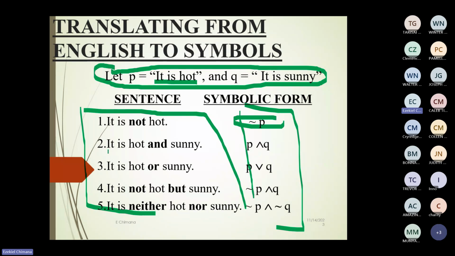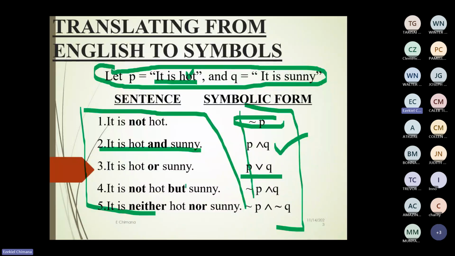If we say it is hot and sunny, in other words we are saying P and Q. That's why you have P and Q. It is hot or sunny: we are saying it is hot, which is P, or sunny, which is Q, so we use P or Q. It is not hot but sunny.